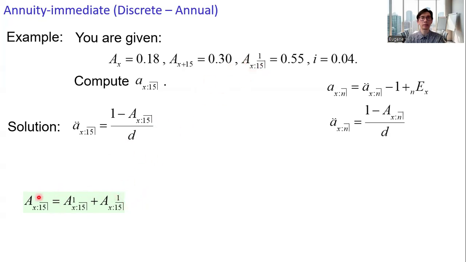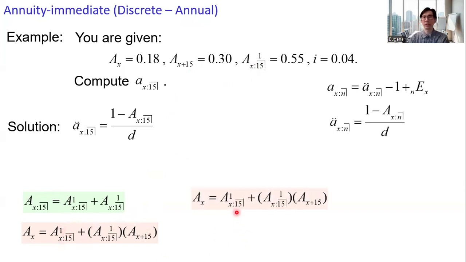We need to get the 15-year endowment insurance and other relationships. So we have A_x, we have A_{x+15}, and then the corresponding pure endowment. From that, we can get the actuarial present value of the 15-year term insurance.